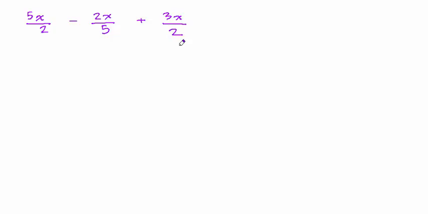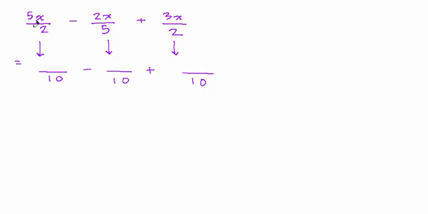And the LCM, or the least common multiple of 2 and 5, is 10, and 10 becomes the least common denominator of the three fractions. Therefore, our first job is to rewrite each one of these fractions with something over 10. So this is going to be something over 10 minus something over 10 for 2x over 5 plus something over 10 for 3x over 2.